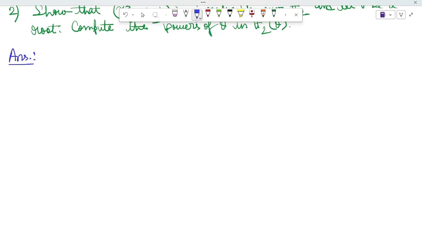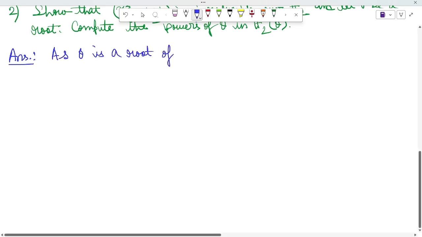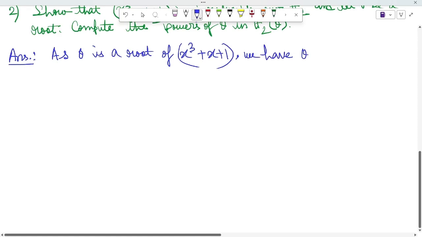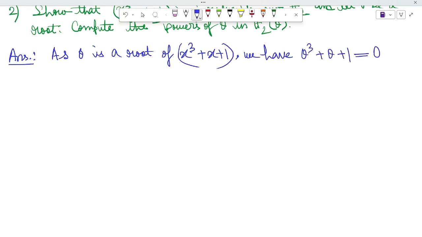So as theta is a root of x cube plus x plus 1, we have theta cube plus theta plus 1 equal to 0.